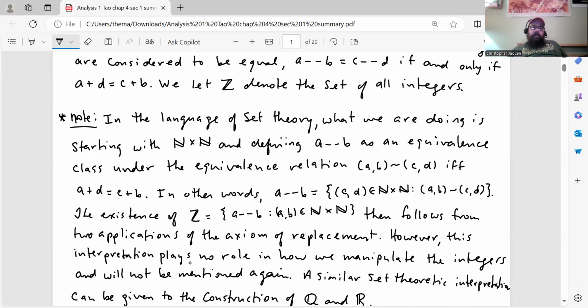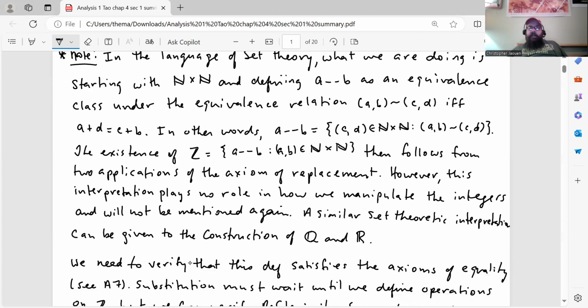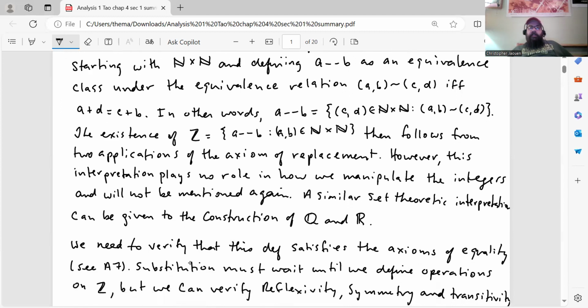In other words, a minus minus b is the equivalence class of ordered pairs in the Cartesian product N², where (a, b) is equivalent to (c, d), referring to that relation. The existence of the set Z, which is the set of all those equivalence classes, then follows from two applications of the axiom of replacement.